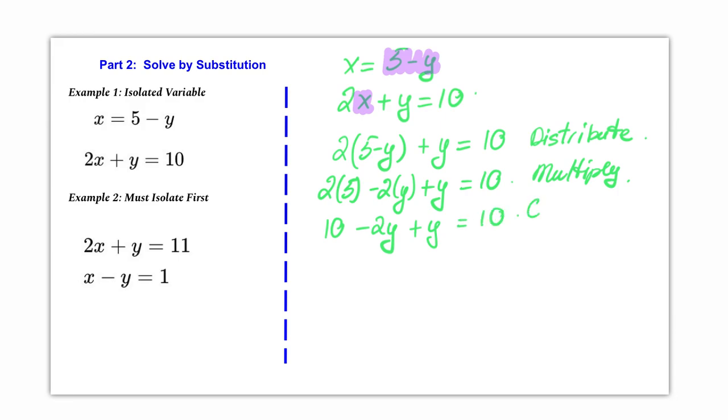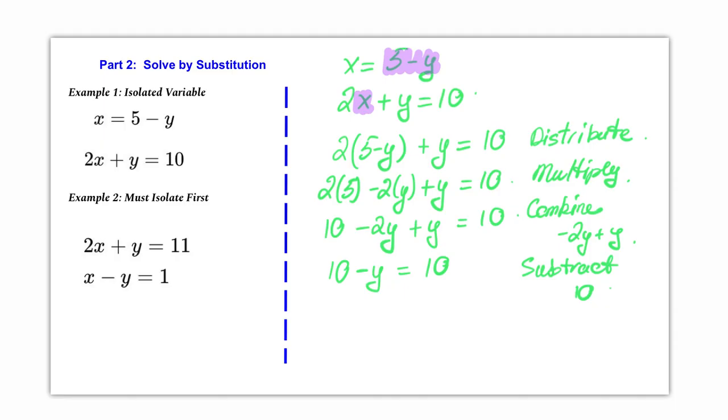And now we're going to combine the y's, negative 2y plus y. Okay, negative 2y plus y will equal negative y. So 10 minus y equals 10. And then let's go ahead and subtract.